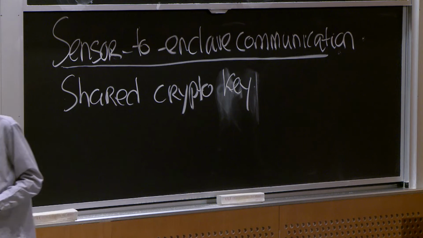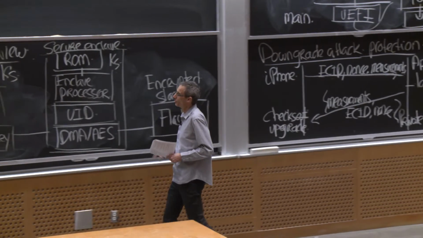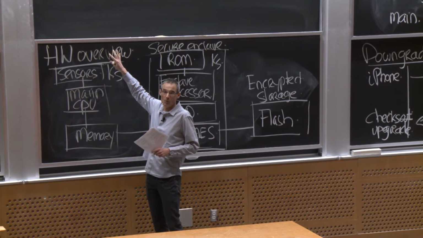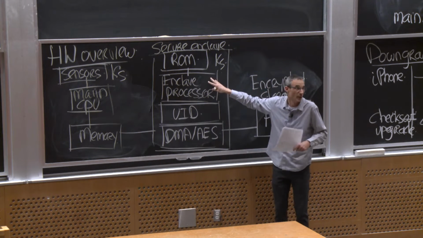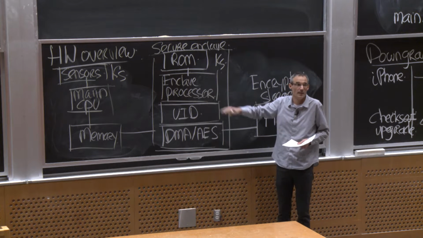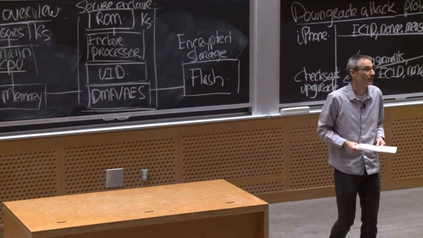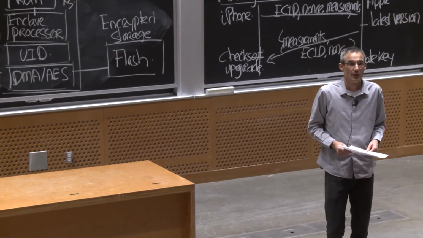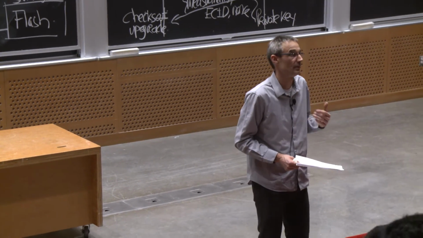Okay, good. So now we have a secure way of sending whatever PIN or fingerprint to the enclave processor. And now the enclave processor can enforce a guessing limit, and the paper talks quite extensively about it. What happens if an attacker tries to guess 10 times and gets it wrong 10 times?